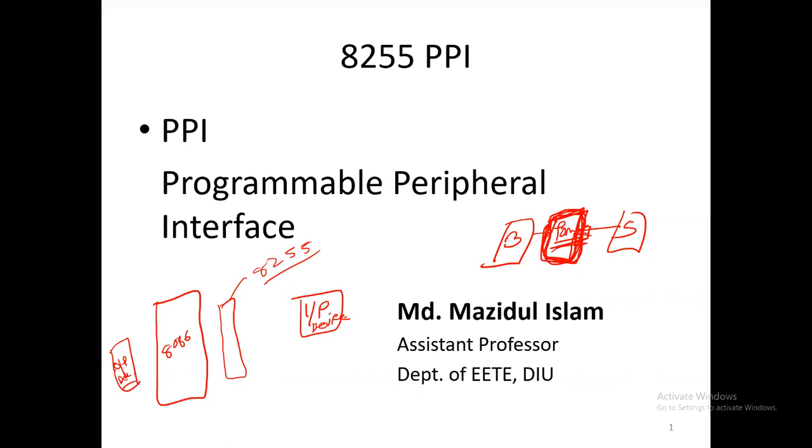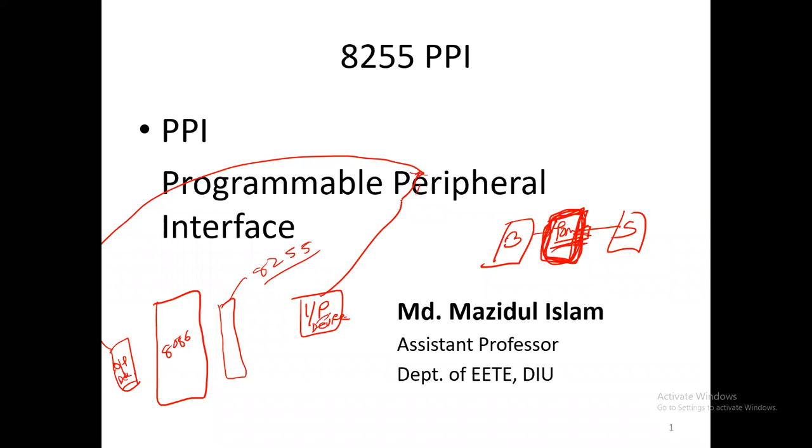Input and output devices are called peripheral devices. So these peripheral devices are interfaced first to this IC, the PPI, then the PPI connects to the microprocessor. Or from the microprocessor to an output device: the microprocessor connects first to the PPI, then the PPI connects to the output. So, all clear? PPI.